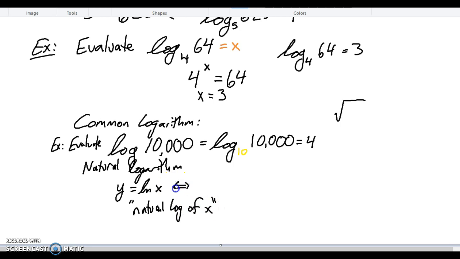Well, the equivalent exponential form, what's the base? When I see ln, the base is the natural number, e. So that's the same thing as saying e to the y equals x. In the natural logarithm, there's a button on your calculator that will help you evaluate that.